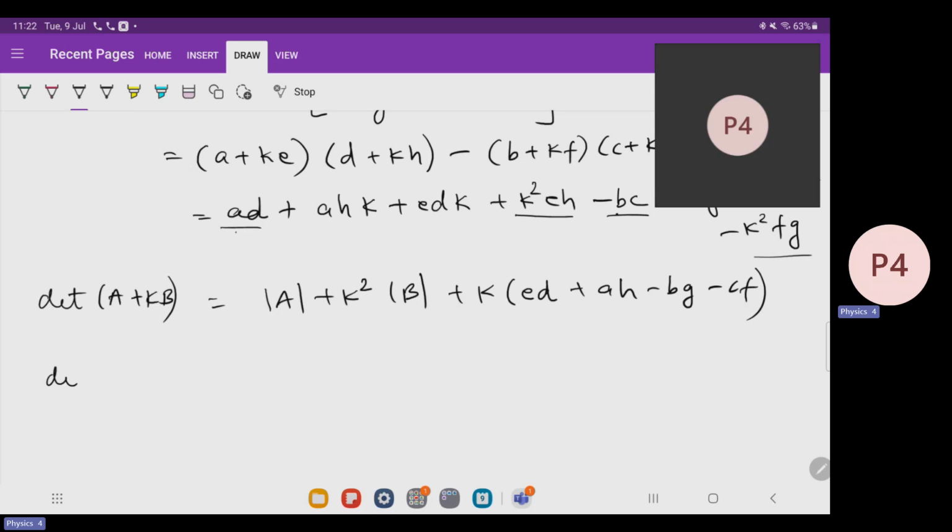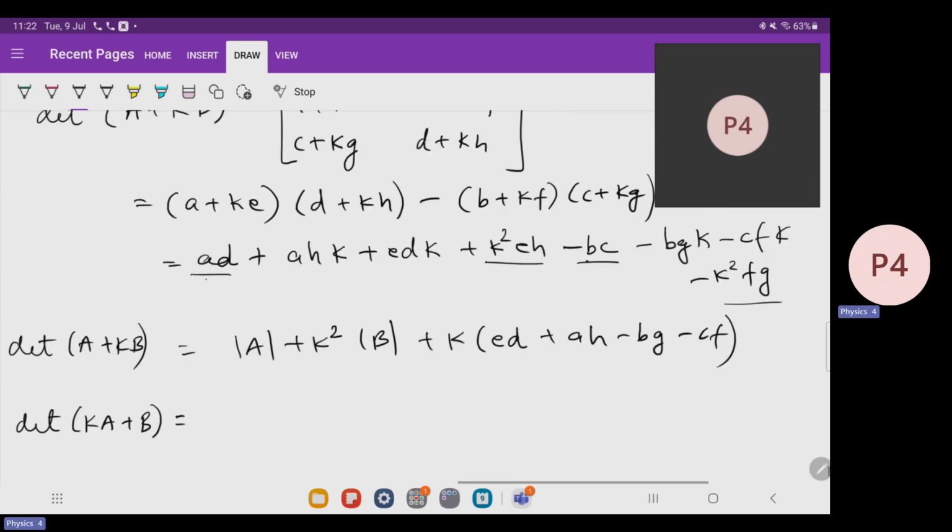If you do determinant of KA plus B, so what would be KA plus B?